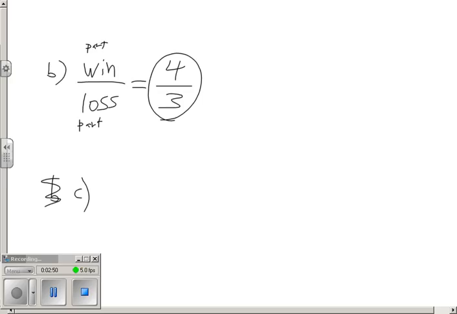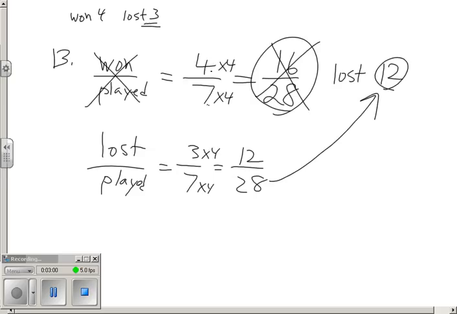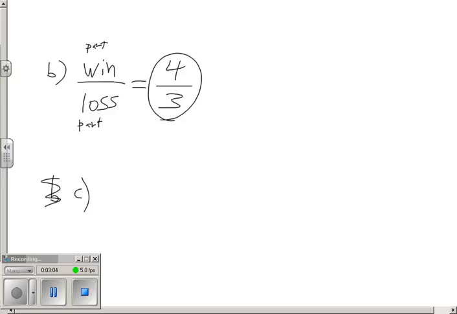And for C, it says, if this trend continues, how many losses would you expect the team to have once they have won 20 games? Let's go back here for a second and look at our ratios that we had. So if they played 20 games, how many would they win?